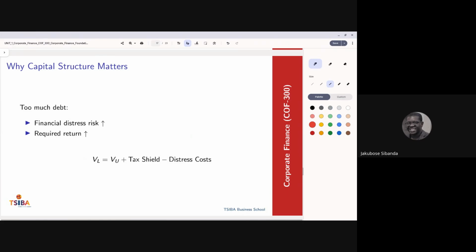The required rate of return, which is the R, does go up. Then the value of a firm is equal to the value plus the tax shield minus your distress cost. So that will be your value of the firm here.